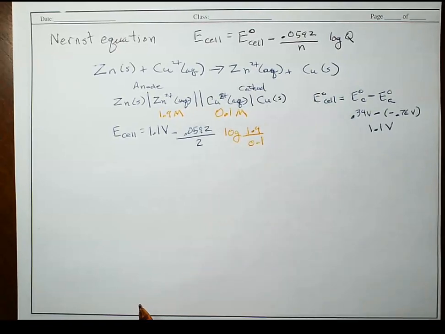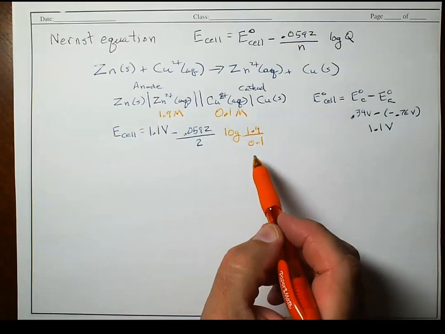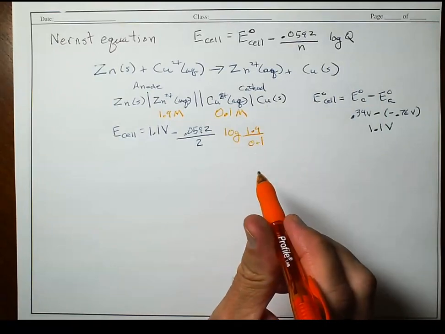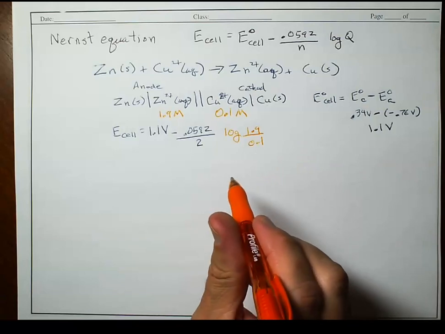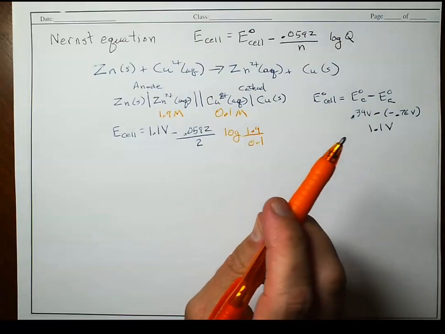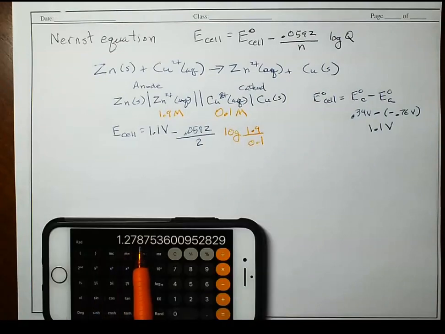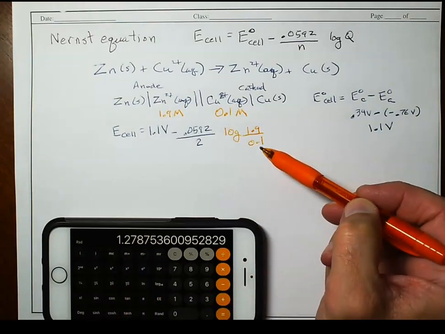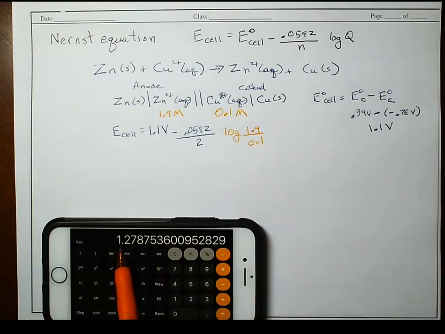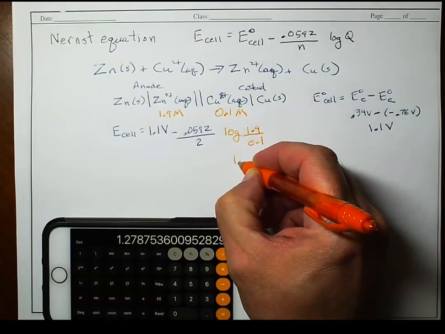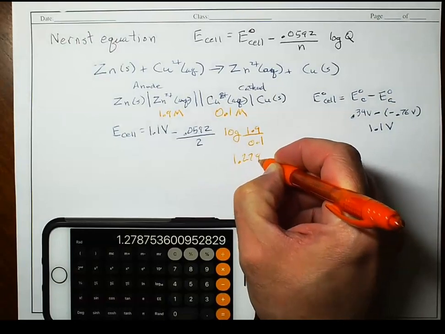All right. So 1.9 over 0.1 is 19. And the log of 19 is, there you have it, 1.279.